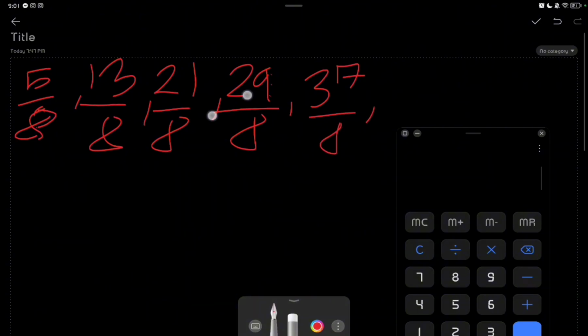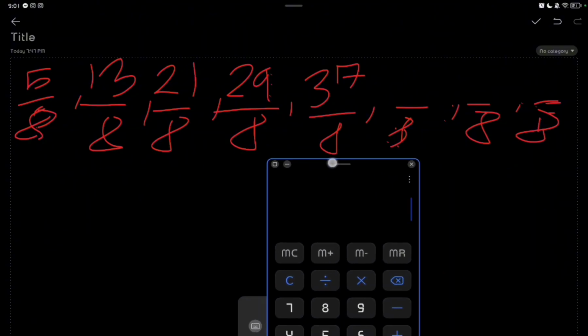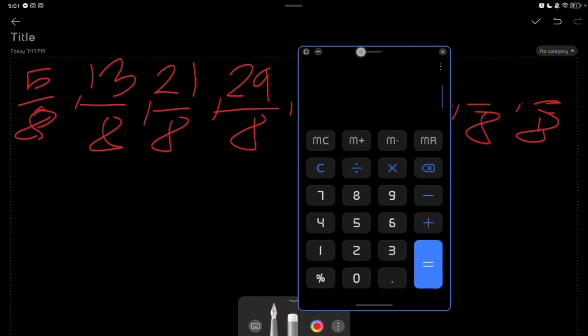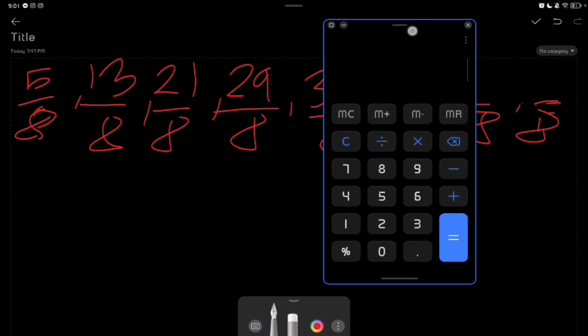So for the next three terms, the denominator is still 8. For the numerator, again it is increasing, we will subtract it to find the pattern.